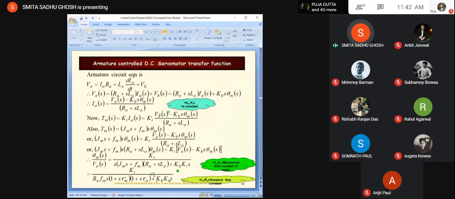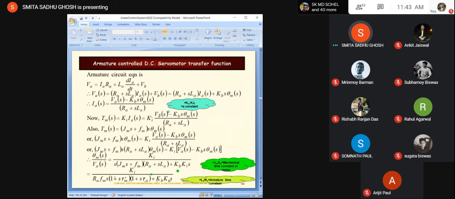We can of course write it as a single block, but that is going to be a combination of a block in the forward path plus some quantity which is being fed back. So we try to rewrite this in that standard form, where we express the overall transfer function in terms of a forward path transfer function plus a feedback path transfer function. Because of this additional term we have to do this.